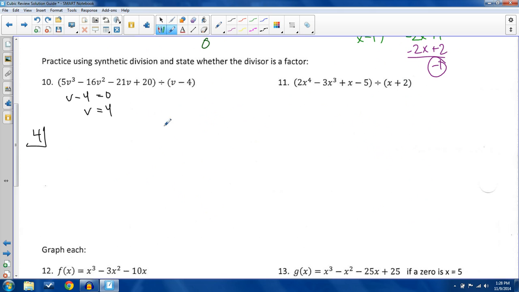So this becomes 5v cubed. What I'm going to do is start listing all of my coefficients of this term in descending order. 5, negative 16, negative 21, and 20. Technically what you're doing here, because I haven't talked about this too much, synthetic division, you can only use synthetic division if you're looking at linear factors.